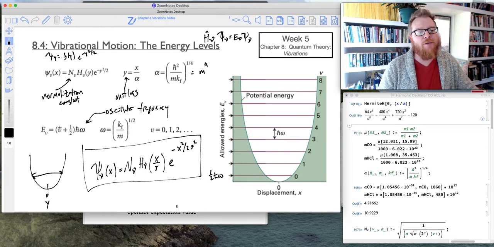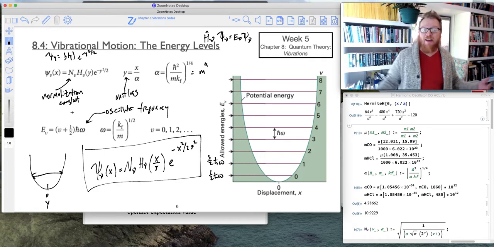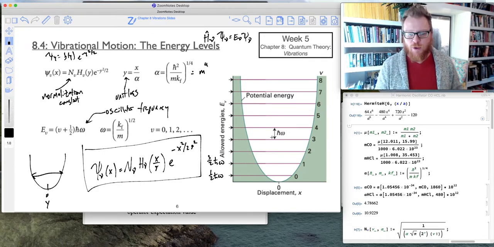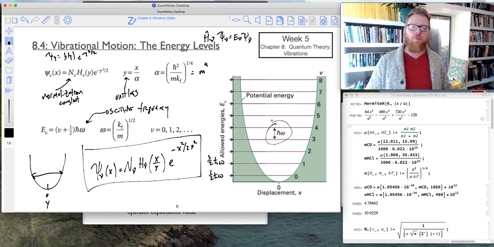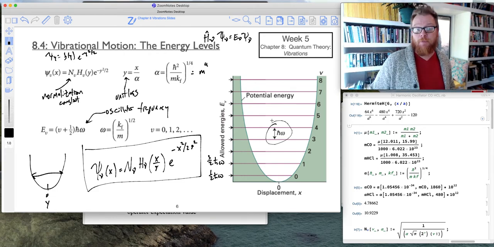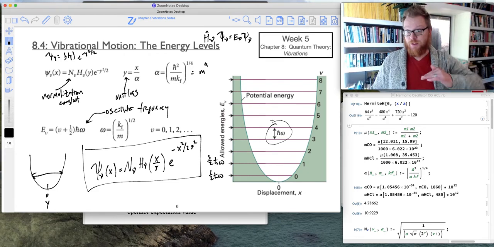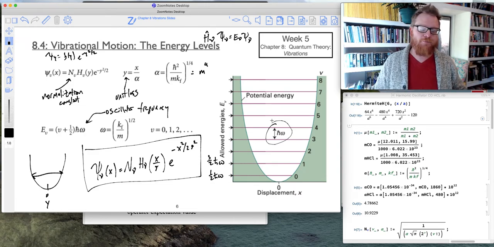Okay, well, what about if nu is equal to 1? Well, then that next level is at 3/2 h bar omega. Well, what if nu is equal to 2? Well, it's 5/2 h bar omega. And so what you'll notice here, as indicated by this picture, the energy spacings are linear, so they're the same as you go up, and they have values of h bar omega.